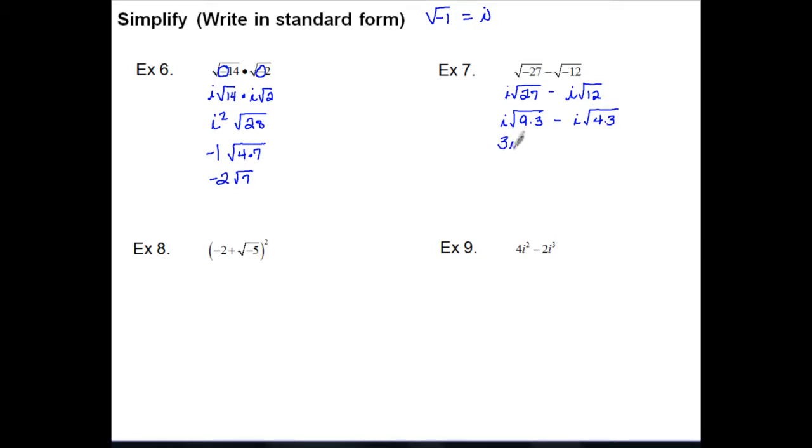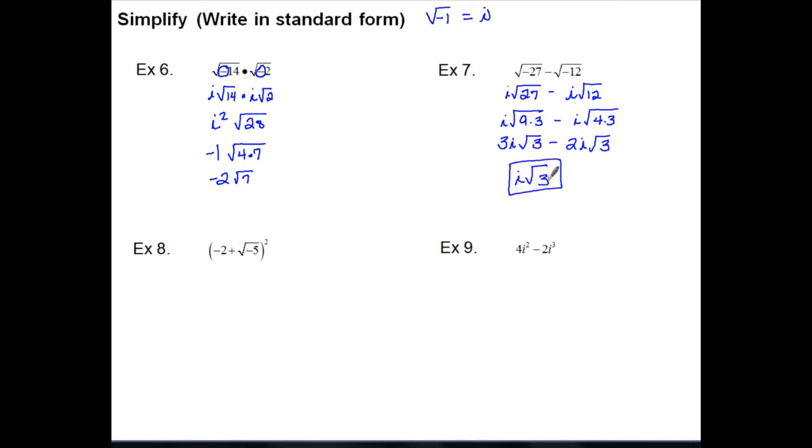So this will simplify into 3i square root of 3 minus 2i square root of 3. So if you have 3i square root of 3's minus 2i square root of 3's, that's going to leave you with 1i square root of 3.